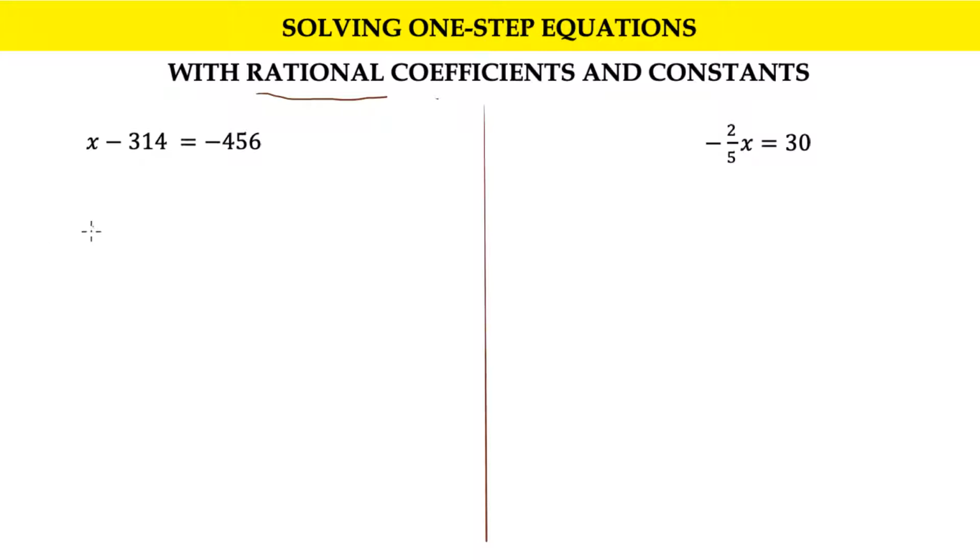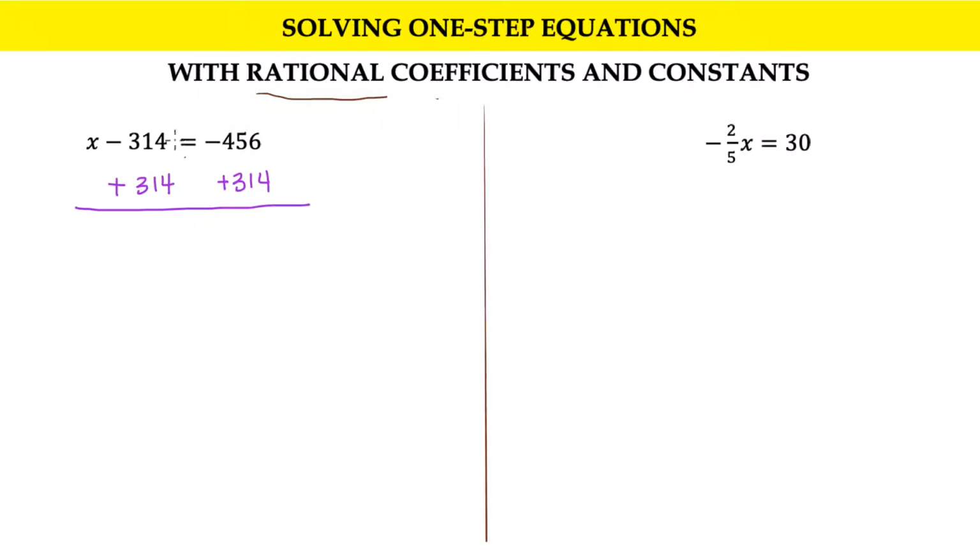The first equation is x minus 314 equals negative 456. Now the way we solve equations is by doing inverse operations. So since we have minus 314, let's add 314 to both sides to get rid of the minus 314.